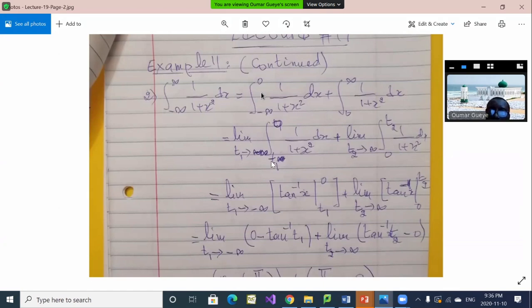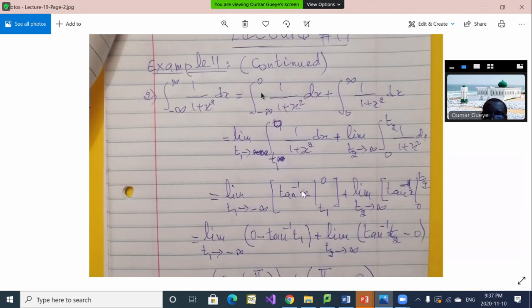So we replace negative infinity by T1, and in order to get the same thing, T1 should be going to minus infinity. From the second integral, similar to number one that we did, you remove positive infinity and replace it by T, but you let T go to positive infinity. We know the antiderivative of this function is tan inverse.